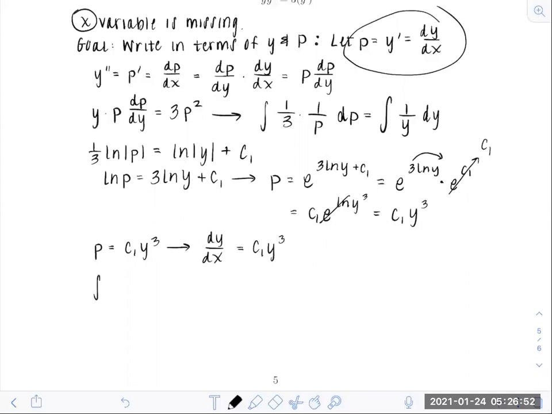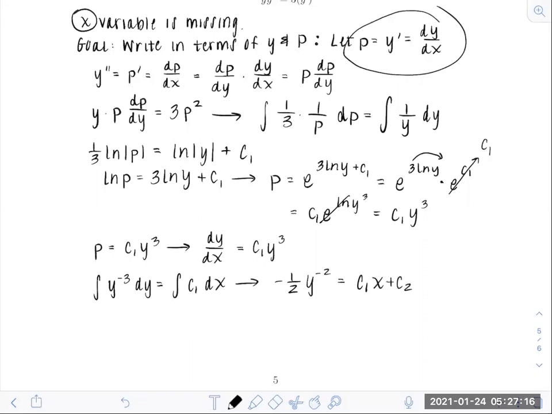We're going to separate variables. I have y to the -3rd dy equals the integral of c1 dx, and then I'll integrate. So this becomes -1/2 y to the -2. I'm going to write my plus c on the other side. This equals c1x plus some constant c2.